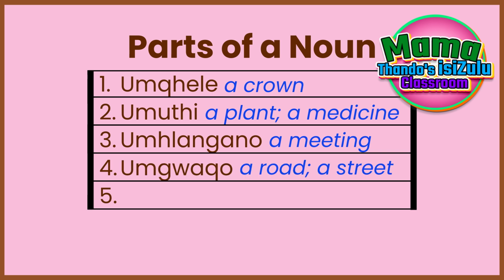Number 4, umgwaqo, a road. Number 5, umfowethu, a brother. Mngani, pause the video right here. Take your time working these nouns out, then come right back to check on the answers together.